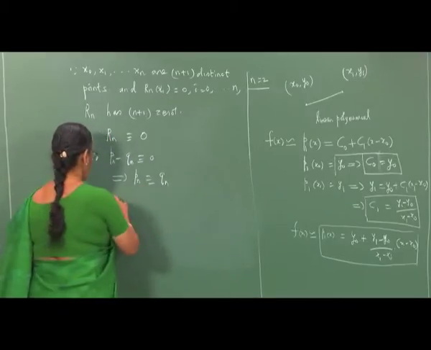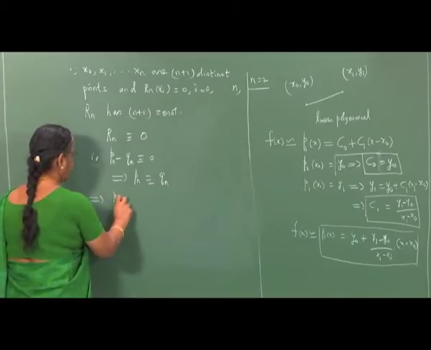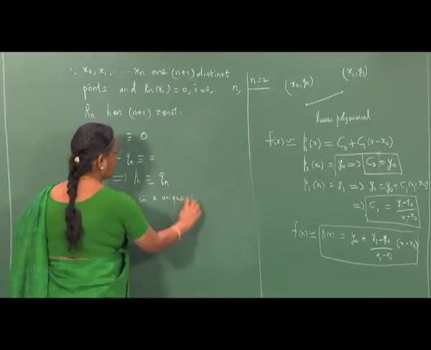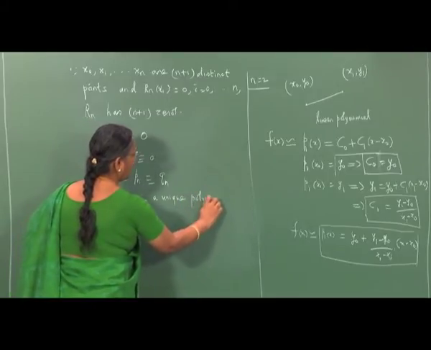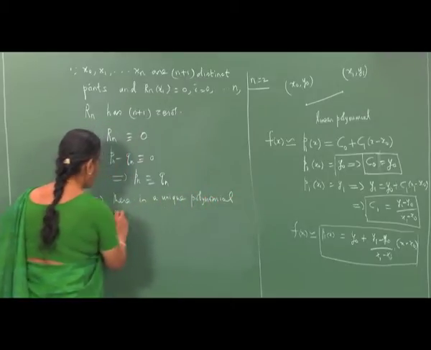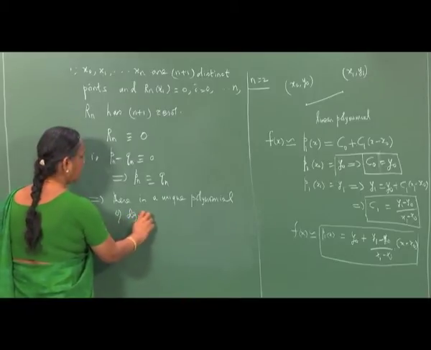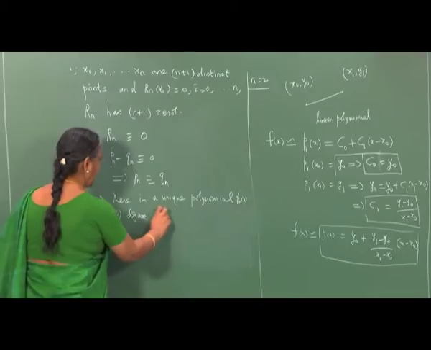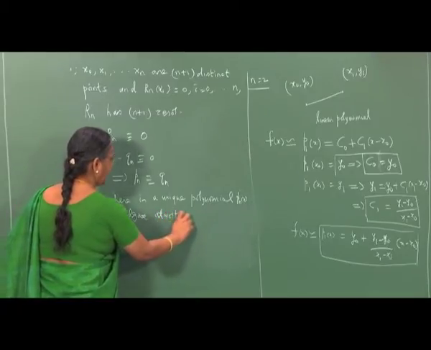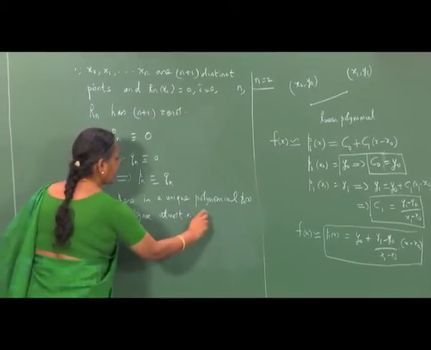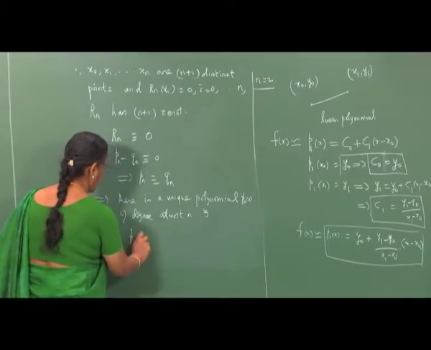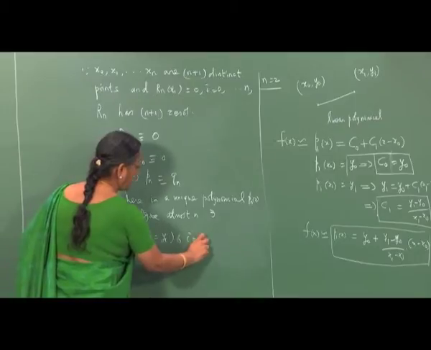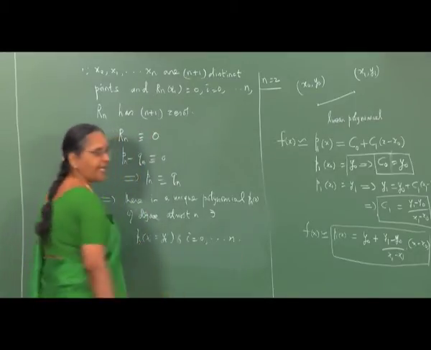So, which shows that there is a unique polynomial of degree at most n, say unique polynomial Pn of x of degree at most n, such that Pn of xi is equal to yi for i equal to 0, 1, 2, 3 up to n.